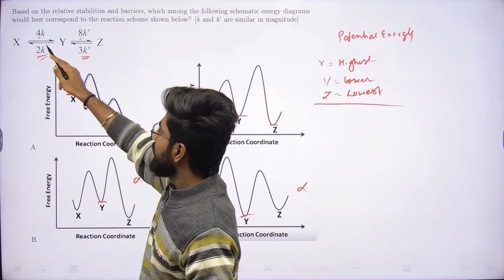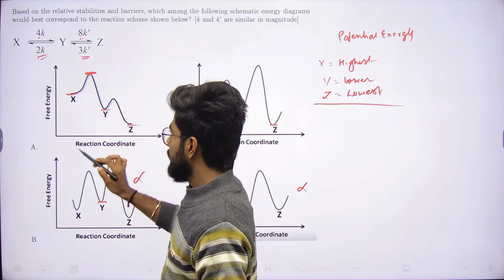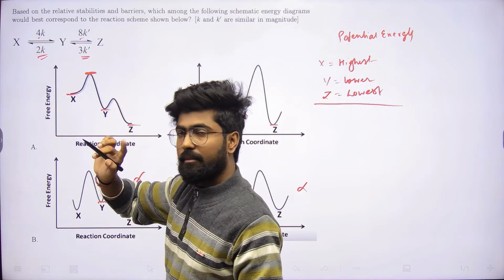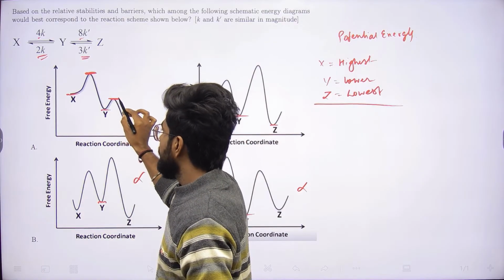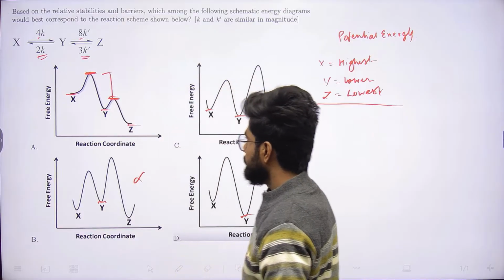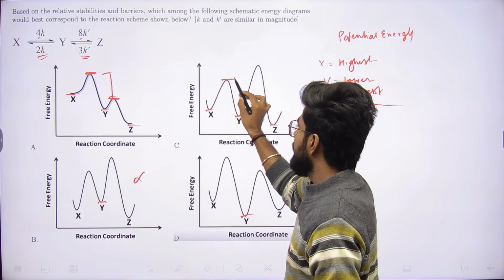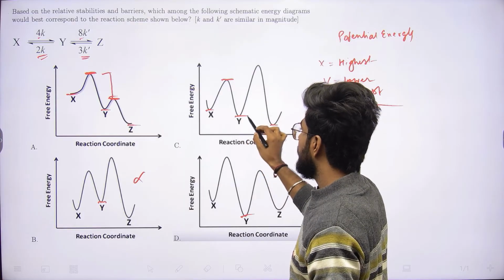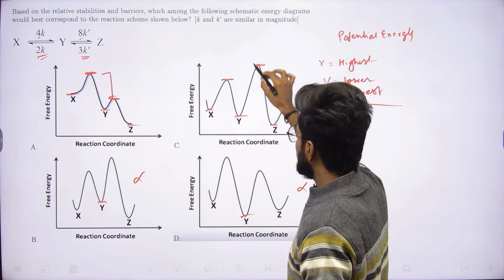If you just look at this, the transition state that forms between X and Y and the transition state that forms between Y and Z have a significant energy gap. But here the difference is that the transition energy between X and Y and the transition energy between Y and Z has a reverse gap.